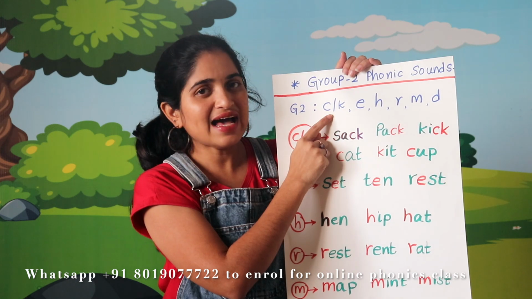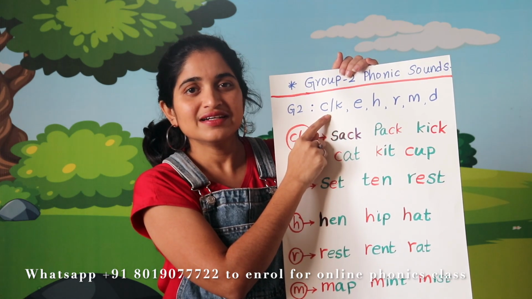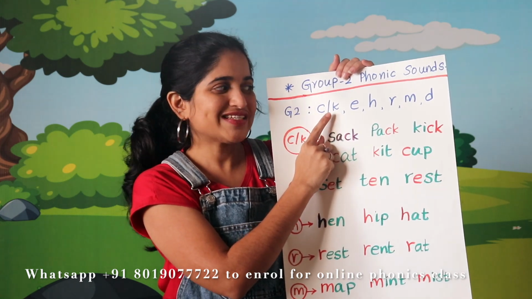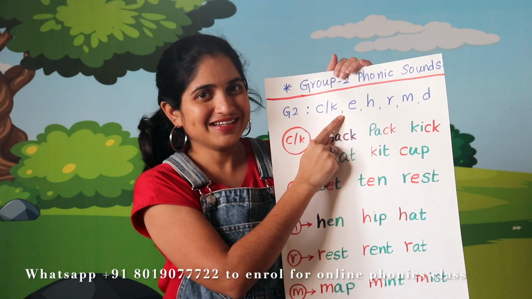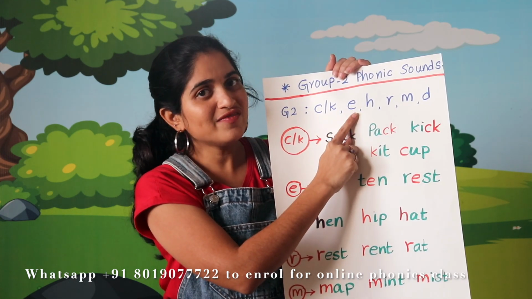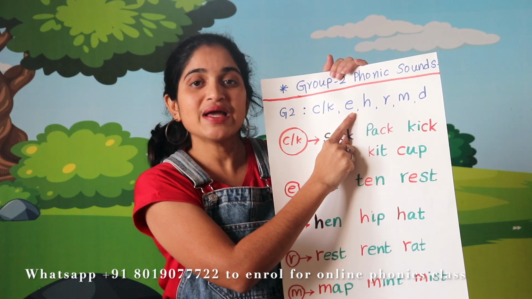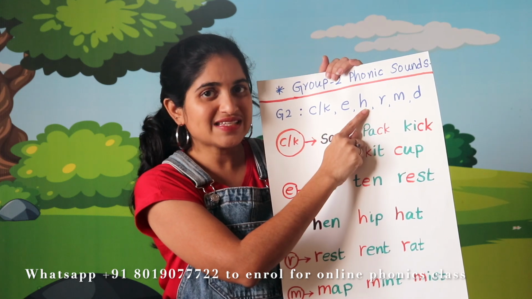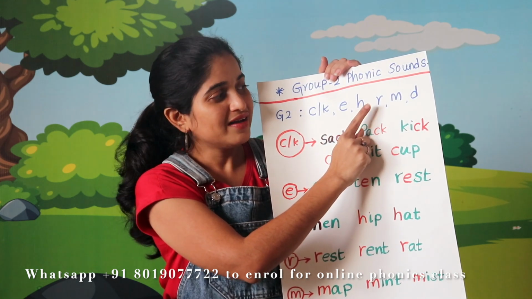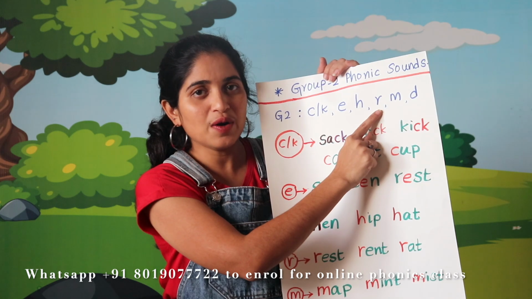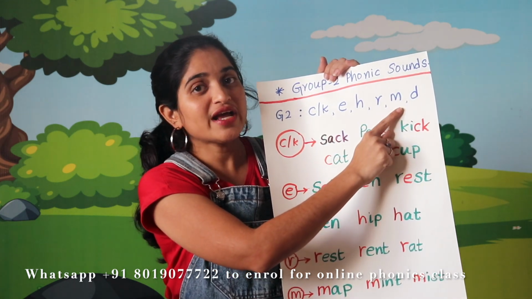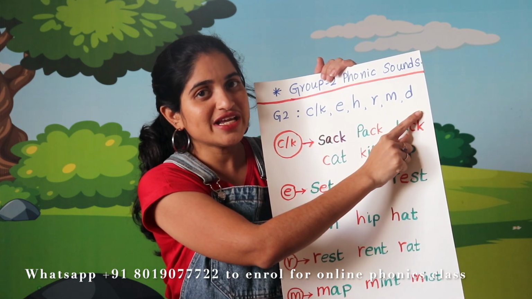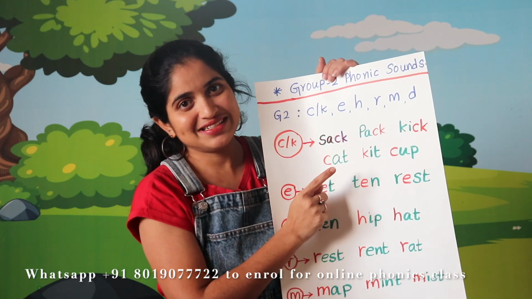Letter C makes the sound K, K, K. Letter K also makes the same sound just like letter C. Then we have letter E. Letter E makes the sound E. Letter H makes the sound H. Letter R makes the sound R. Letter M makes the sound M. Letter D makes the sound D, D, D.